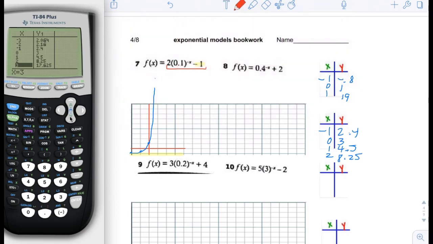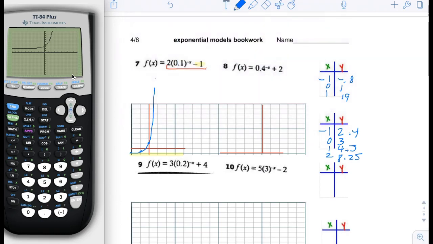And let's take a look at the graph for a second, just to give us an idea where to put our x-axis and y-axis. It looks like the x-axis could just be here at the bottom, and the y-axis could be maybe here in the middle. And let's mark some of the points.